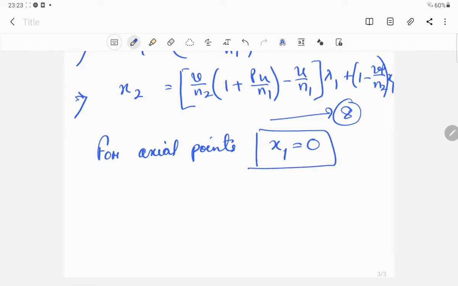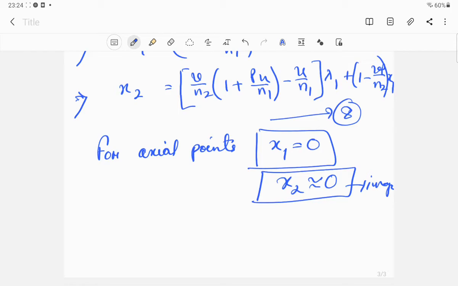For any point object which is on the axis, the image will also be on the axis. So x2 is also approximately equal to 0. This is for the image. So for a ray emanating from the axial point object, the image plane is also determined by the coordinate x2 equal to 0, meaning it will also be on the axis only.